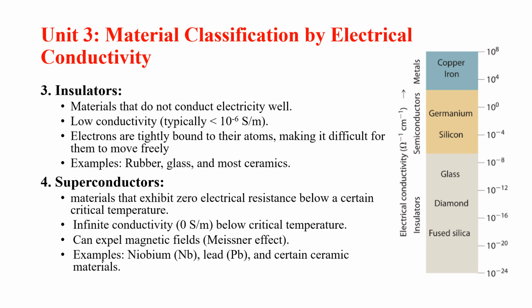In insulators, electrons are tightly bound to their atoms, making it difficult for them to move freely under the application of voltage or even temperature. There are many examples like rubber, glass, and most ceramic materials.